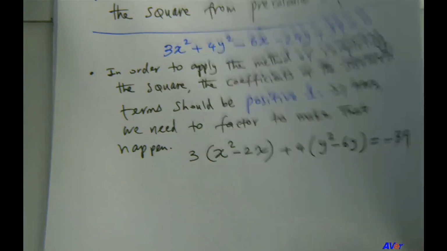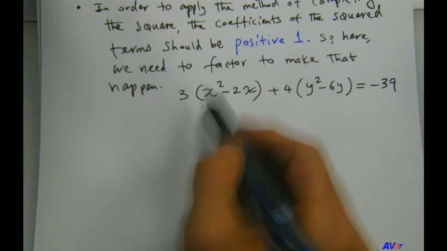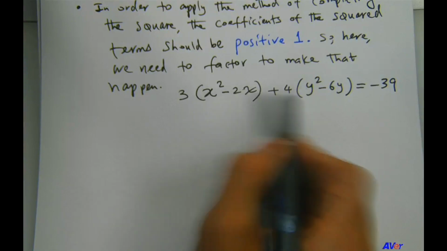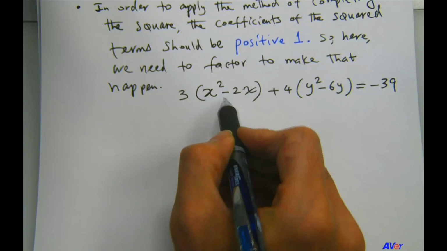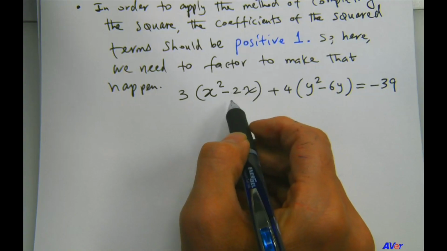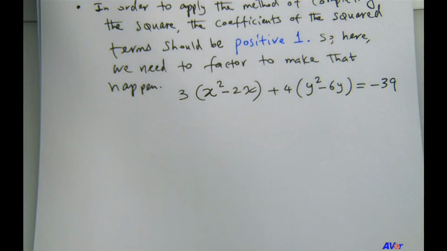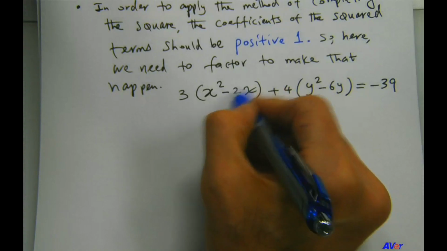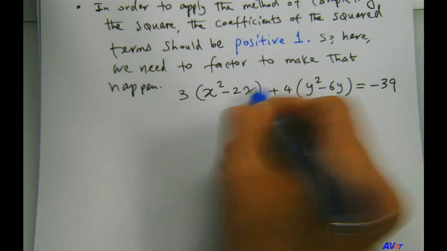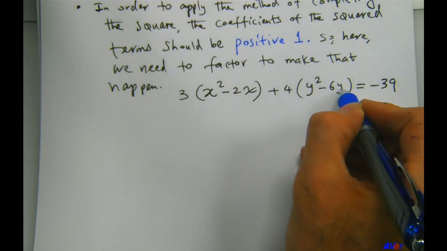Well, once you have factored out and the coefficients of the squared terms are equal to positive 1, then you know with quadratic equations we had ax squared plus bx plus c equals 0, right? So recall, take the coefficient of the x term and the coefficient of the y term.